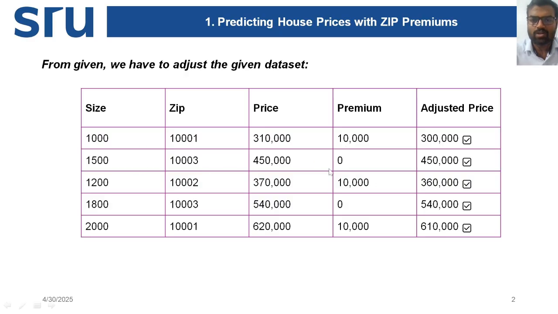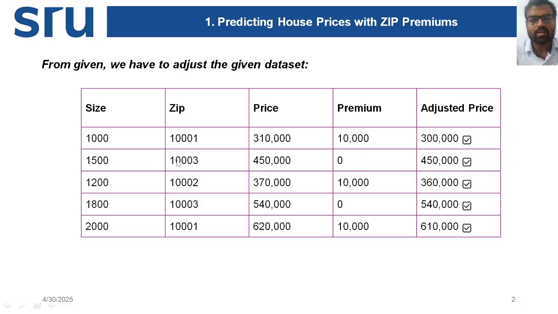I refined this because zip codes 10001 and 10002 have $10,000 extra, so I'm directly subtracting it. Obviously we get 3 lakh 10,000 minus 10,000, which is 3 lakh dollars, and for zip code 10002, 3,70,000 minus 10,000, which is 3,60,000.